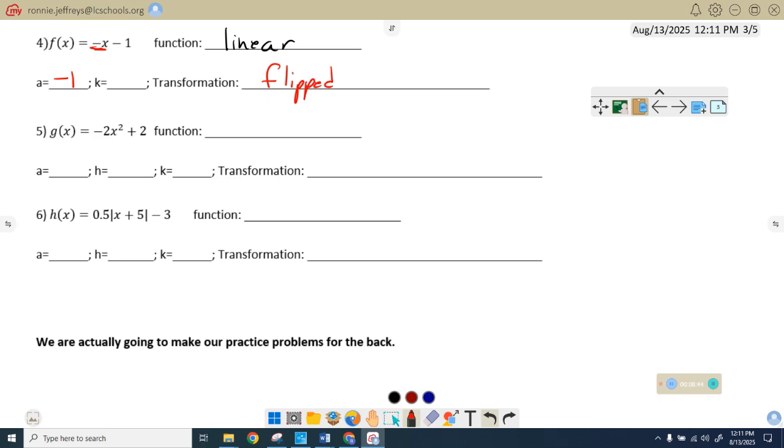When our A value is negative, it flips it, because the original graph, this is when A is positive for linear. So when A is negative, it flips it. It makes it go the opposite way. And then our K is -1, so this would be down 1.